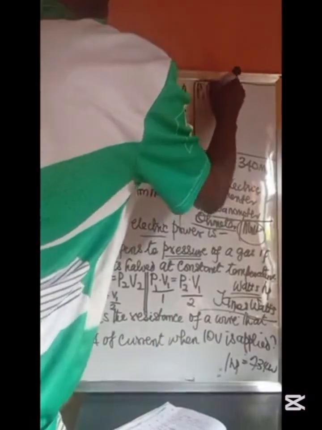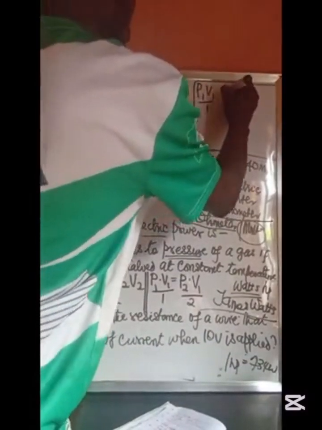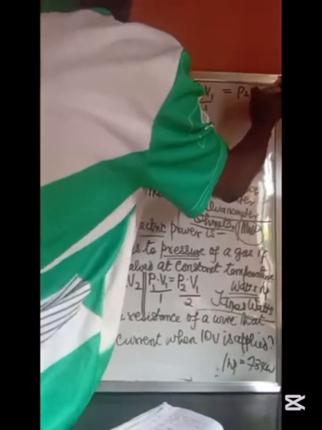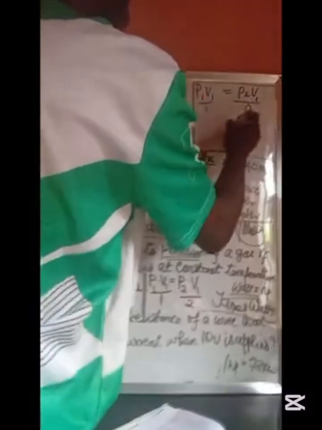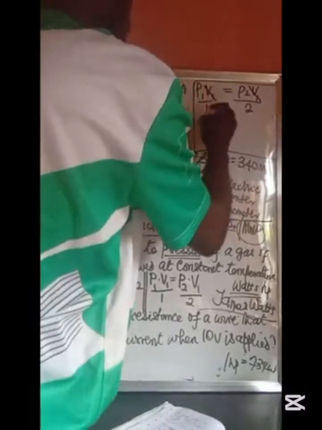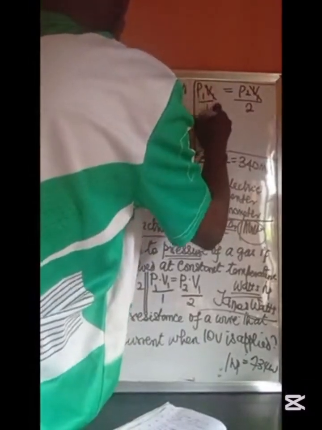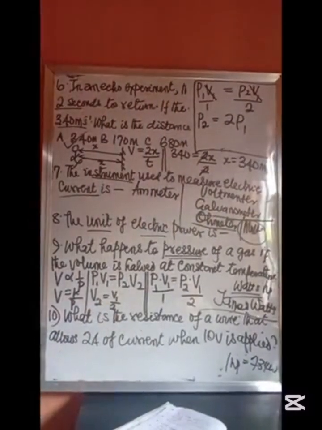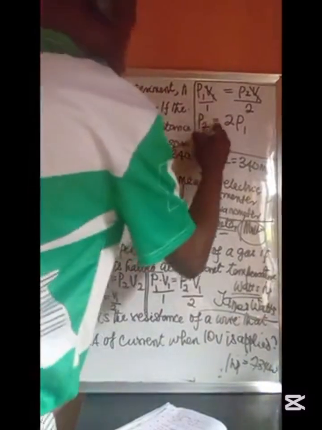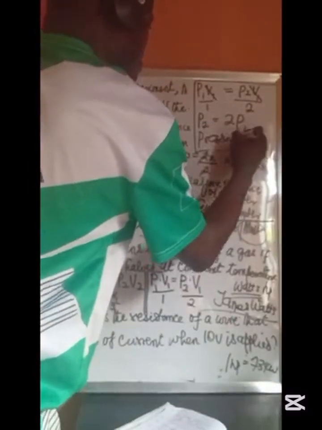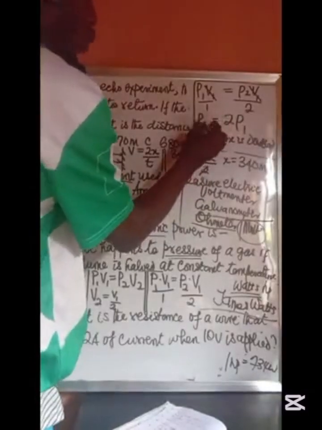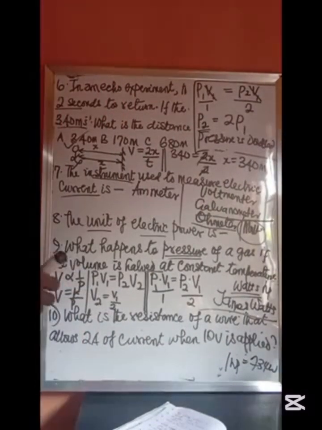Now we have that P1 V1 is equal to P2 V1 over 2. V1 cancels V1 here, so P2 is equal to 2 P1. So in that case, if the volume is halved, then pressure is doubled, because P2 now is the double of P1.